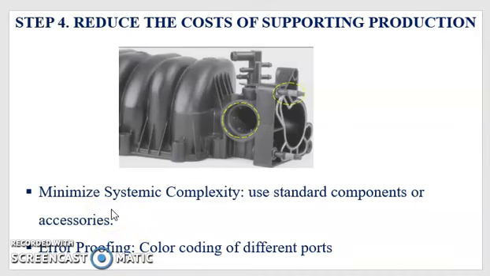Minimizing systemic complexity can be done by using standard components such as screws and O-rings during the redesign of the air intake manifold, and parts integrated to these features. Error proofing can be performed by color coding the inlet and the outlet port of the redesigned air intake manifold.